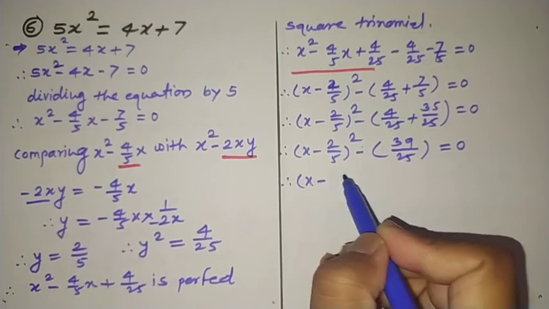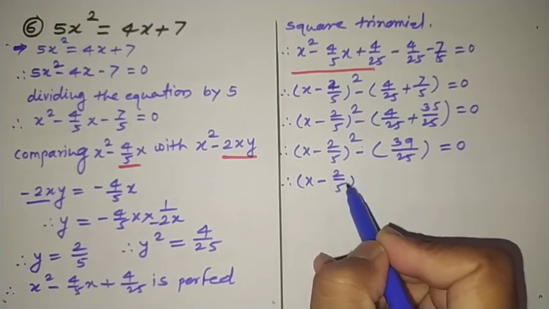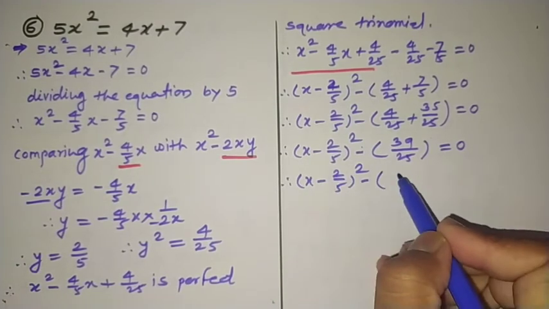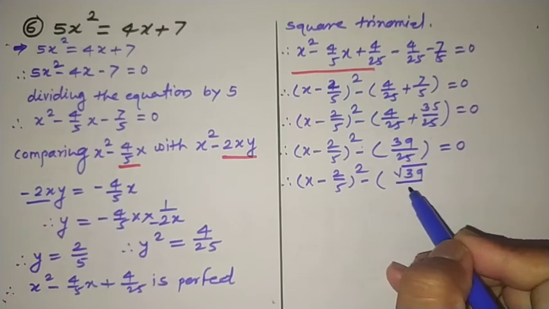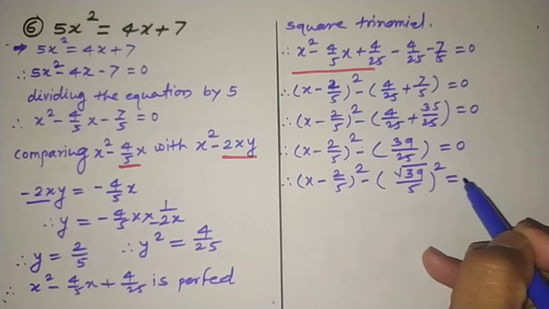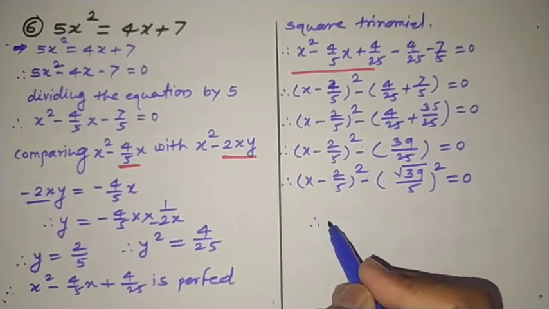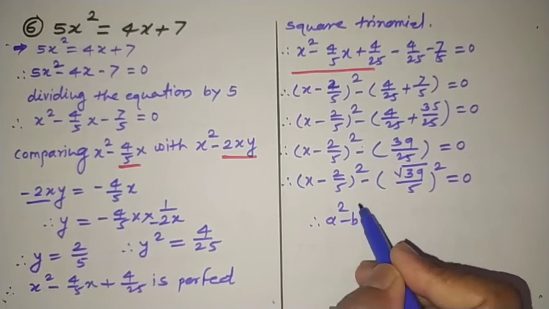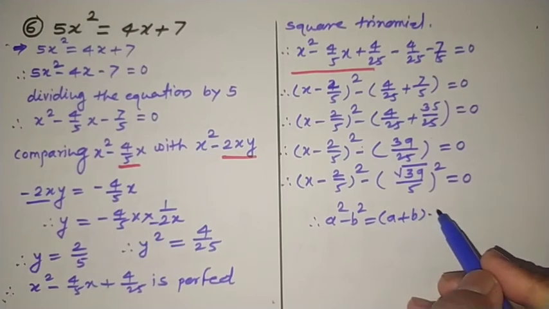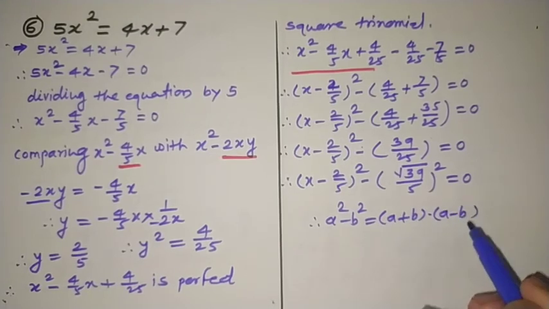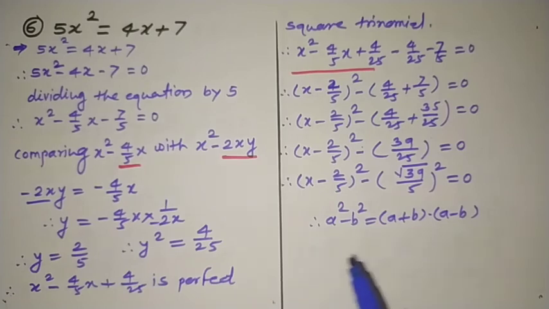Therefore, x minus 2 upon 5 square minus root 39 upon 5 bracket square. Using the expansion formula, we know that a square minus b square is equal to addition of two terms in one bracket and subtraction of two terms in the second bracket.